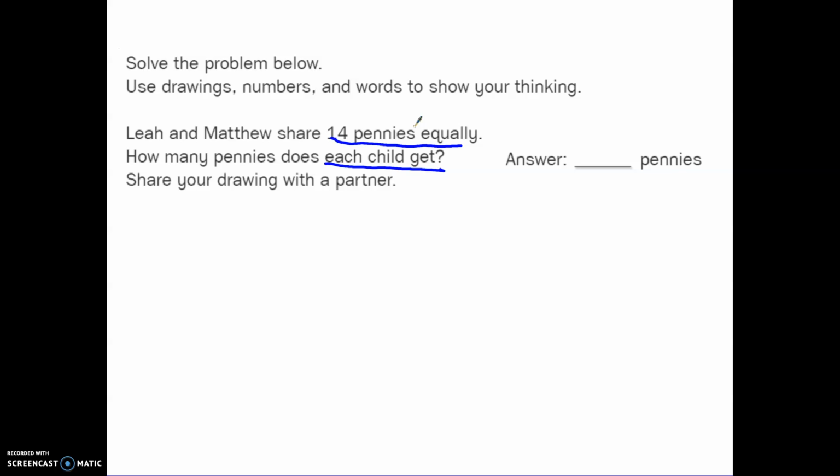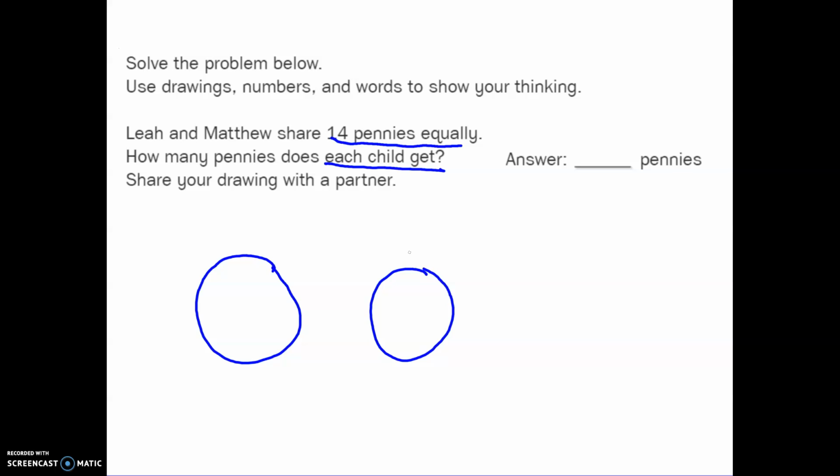Okay, so you've got those 14 pennies. Leah and Matthew, two people, two groups. Separate your pennies into two equal groups. Here's Leah, here's Matthew. Give each of them 1 penny until you get to 14.